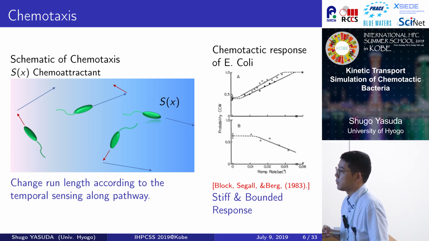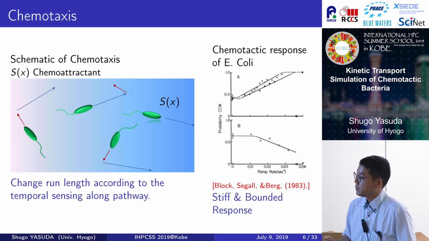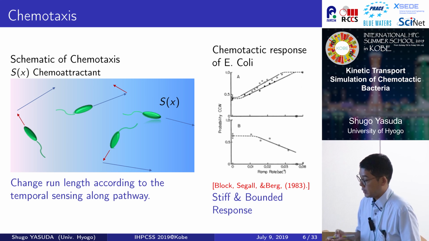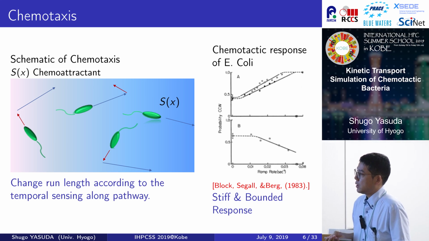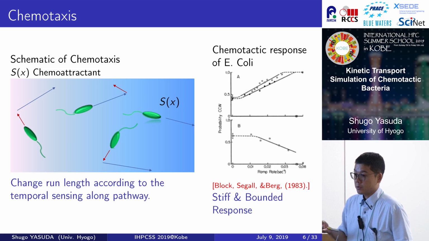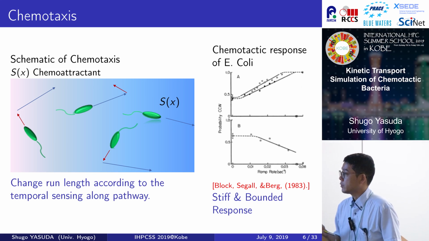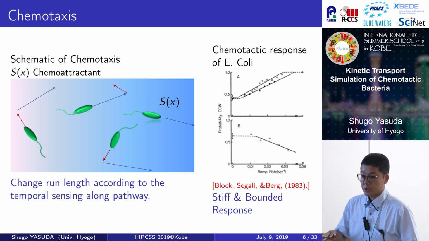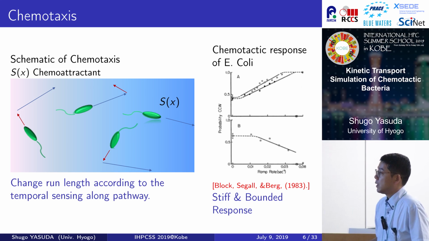If the temporal change of chemical cues is lower, then the bacteria quickly increase the tumbling rate and change their directions. Otherwise, if the temporal change of chemical concentration is higher, then the bacteria reduce the tumbling rate and make the run length longer.